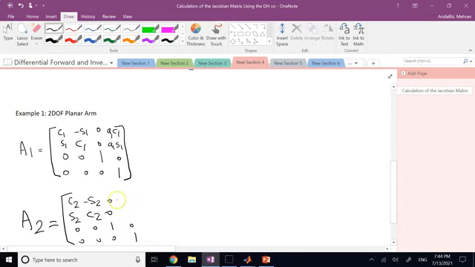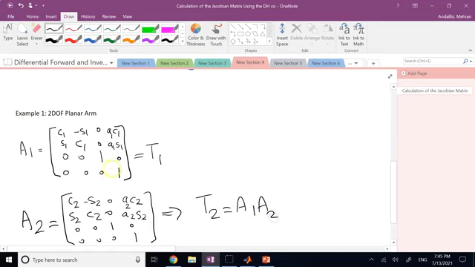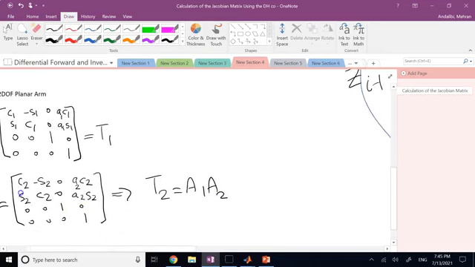And this is frame 2 in frame 1, so you will get A2C2, A2S2. And then T1 is simply A1, so T1 and A1 are the same. That's it. And T2 was A1 times A2, so you have to multiply these together.